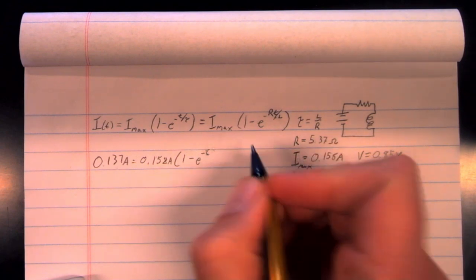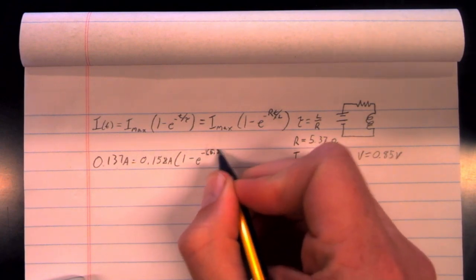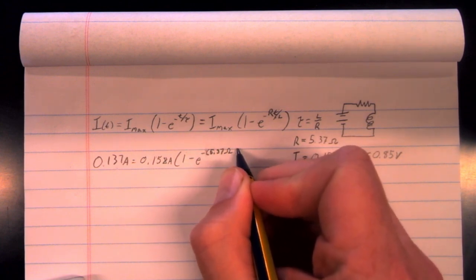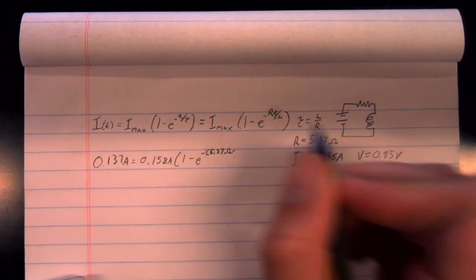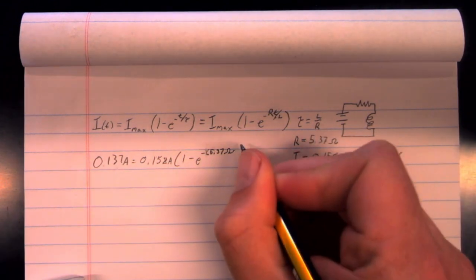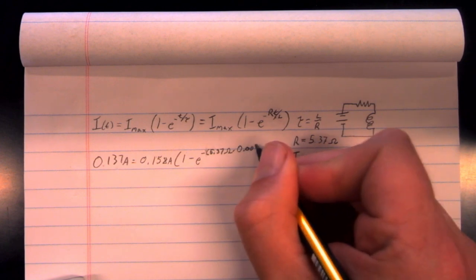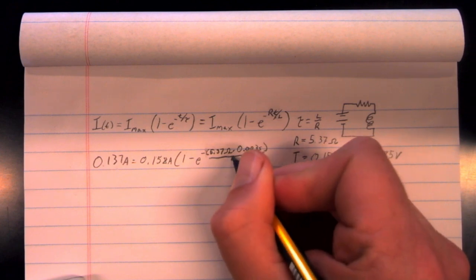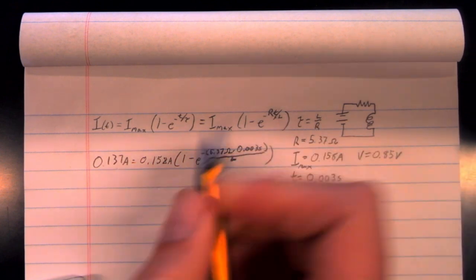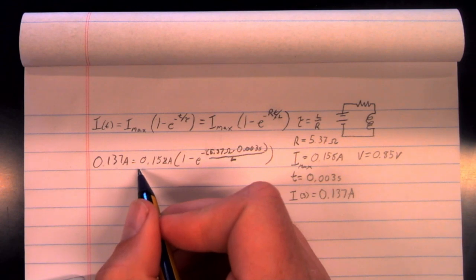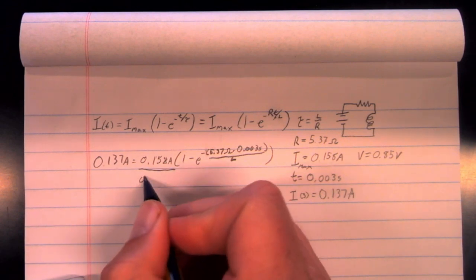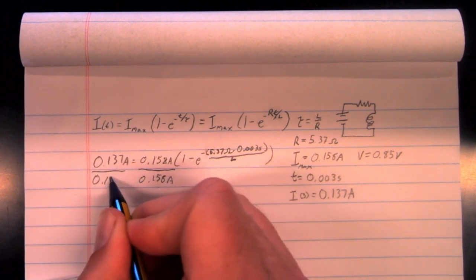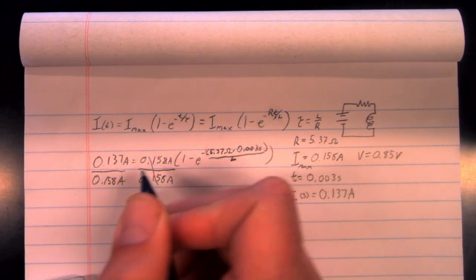For r we have 5.37 ohms. And then t is, oh, I don't know why I said 3 seconds. It's 0.003, very different than 3 seconds. And all of that's going to be divided by our inductance L, which we're going to look for. So the obvious first step is we're going to divide both sides by 0.158 amps. Divide that out.